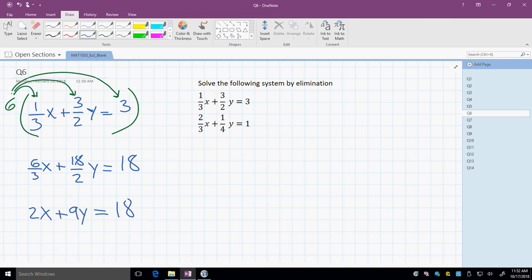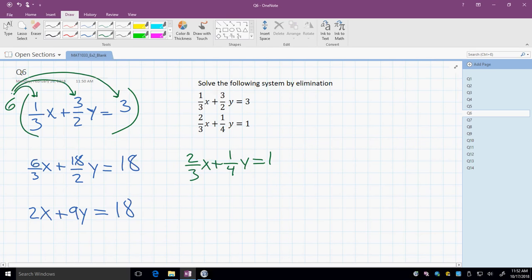So that looks a lot friendlier than the original one. We're going to do exactly the same thing with the other equation. So the other one I'm going to do in green so we don't get confused. So I have 2 over 3 x plus 1 over 4 y equals 1.